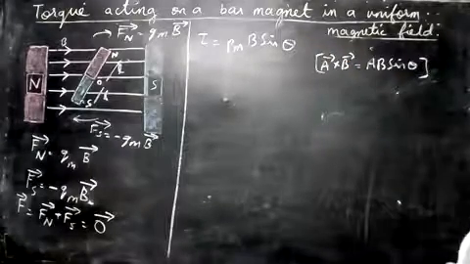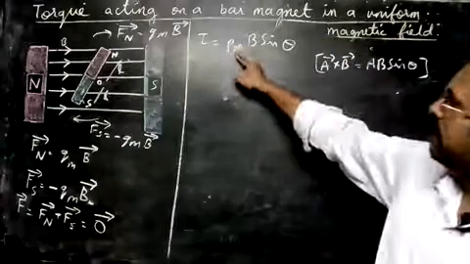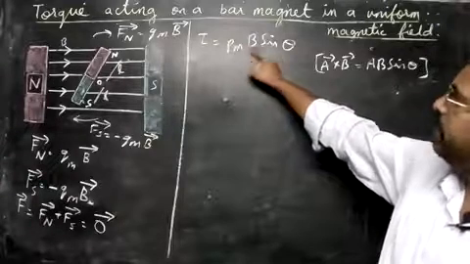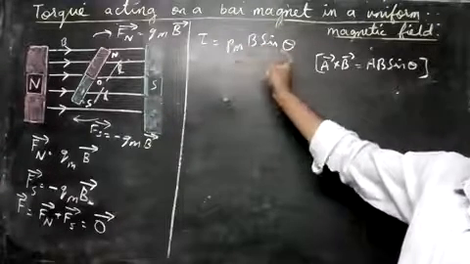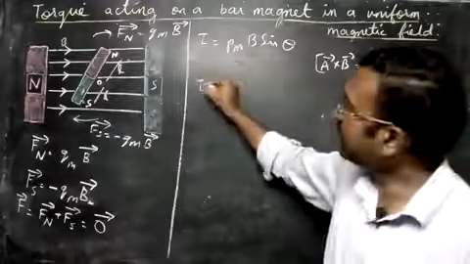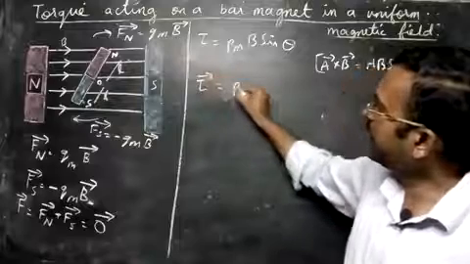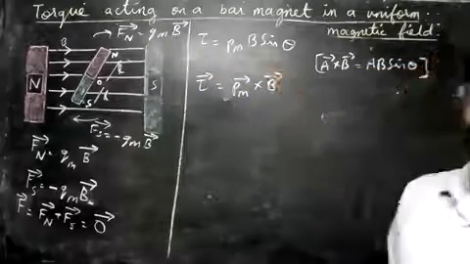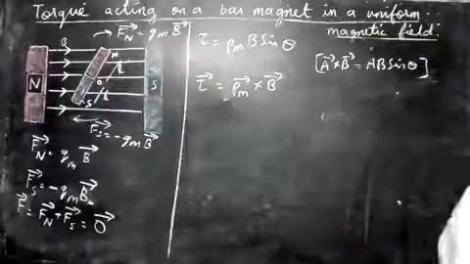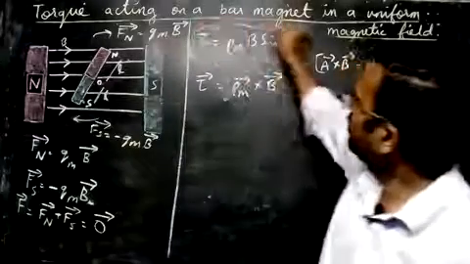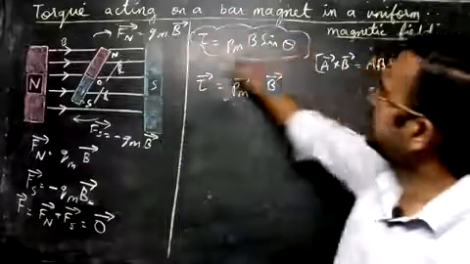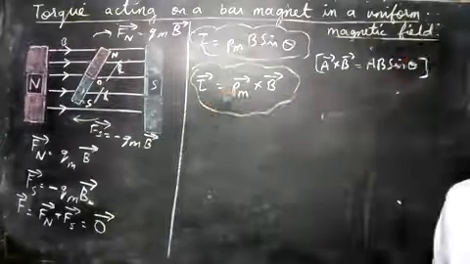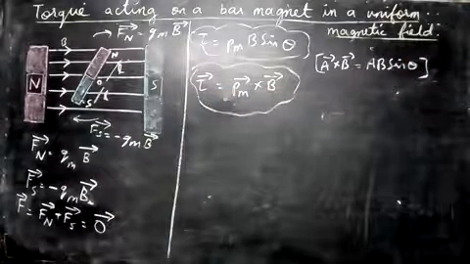Now here this term we write as A, and think of it as if A B sin theta, so we get A vector cross B vector. In the same way we get torque tau is equal to Pm vector cross B vector. So you can use the formula on top, or else you can also use the second one here. So we get two formulas for the torque acting on a bar magnet in a uniform magnetic field.